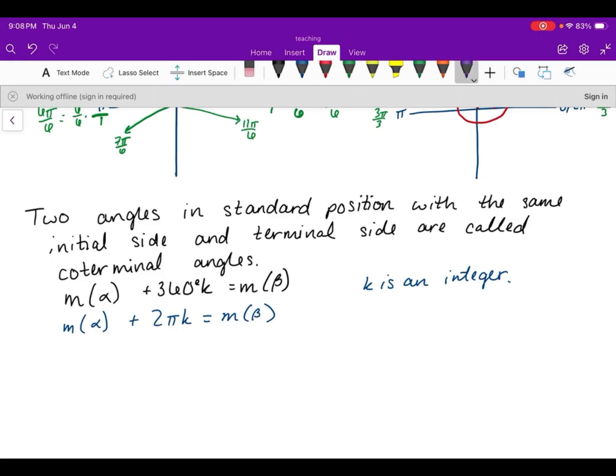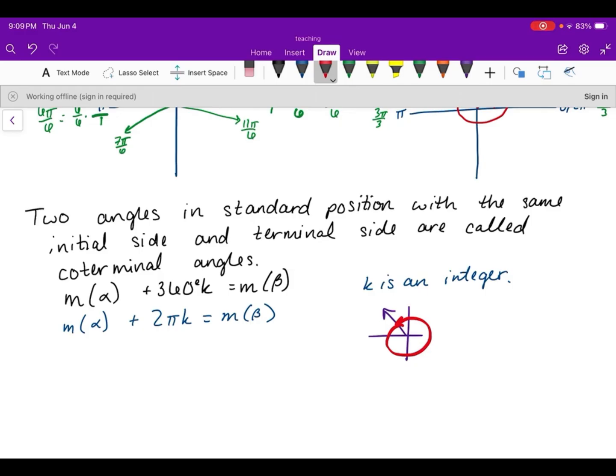So if I have an angle right here, and I add 360 to that, I'm going to go over a whole rotation, but it's going to end up in the exact same place, thus having the same terminal side. That's what coterminal really means. And we're going to do a few examples with this as well.